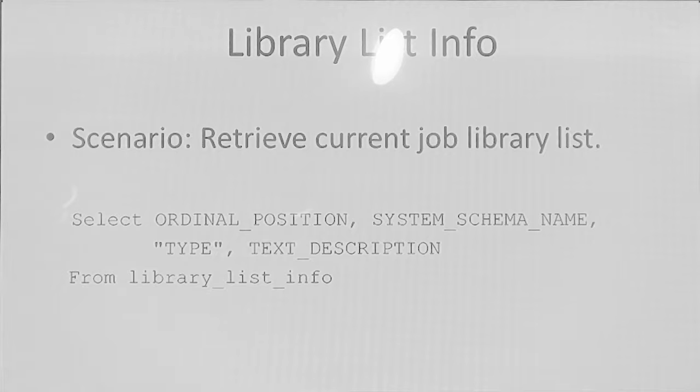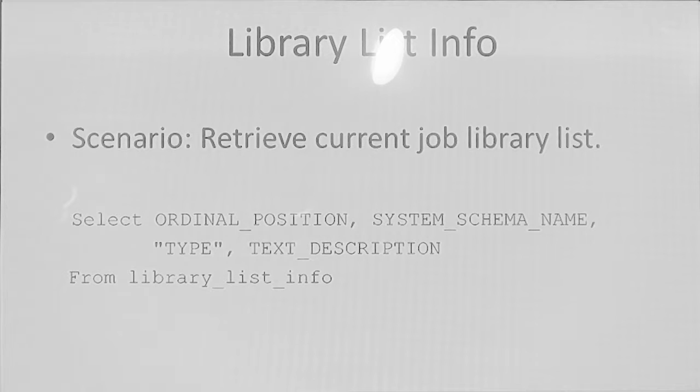So when you're selecting from library list info, where's that stored at? It's in a view called library list info. Okay. What table is behind it or what it's doing, documentation doesn't get too deep on that. Is it available for everybody to use, or is it in a certain library, like QGPL?